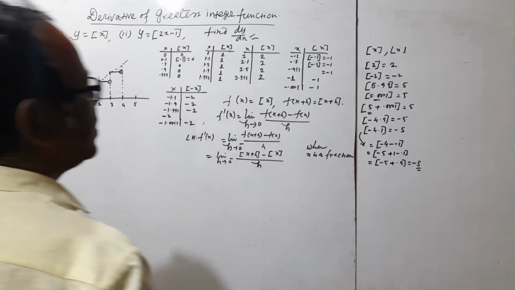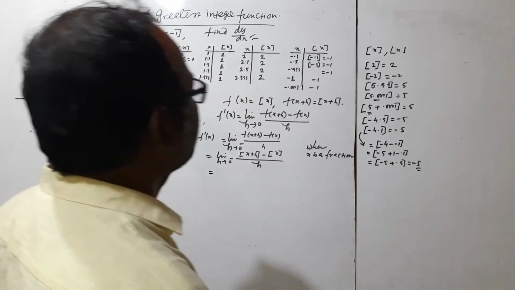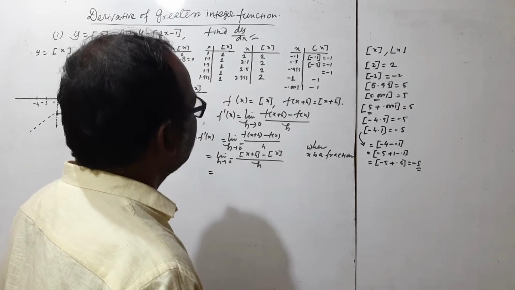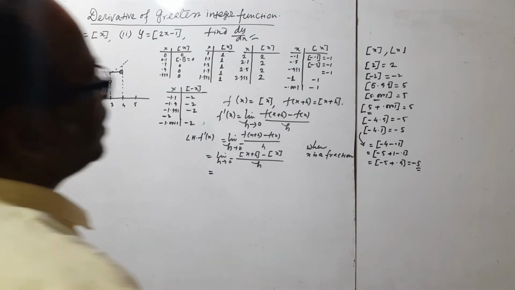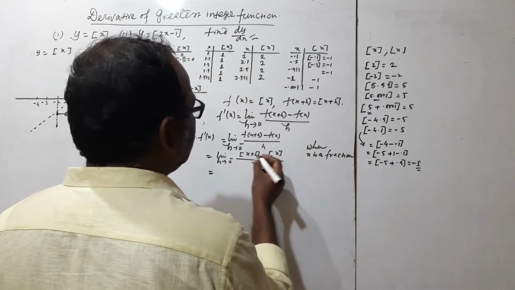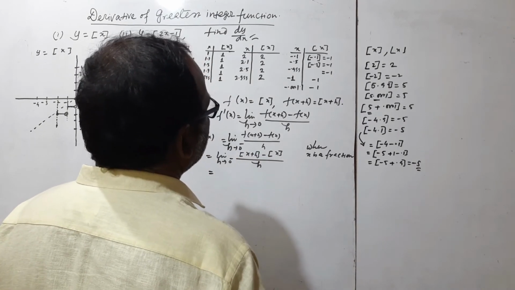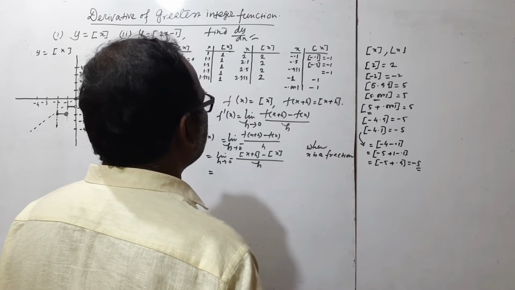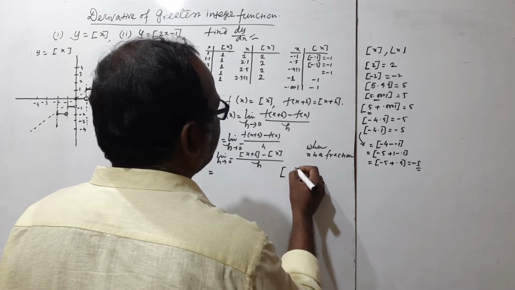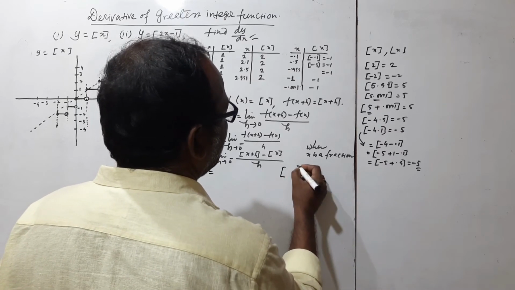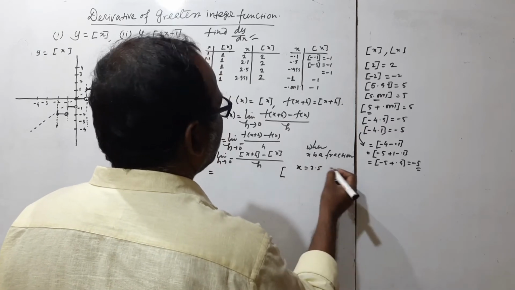Okay, see, for this function, let us assume x is a fraction, for example, let us assume x is equal to 2.57.